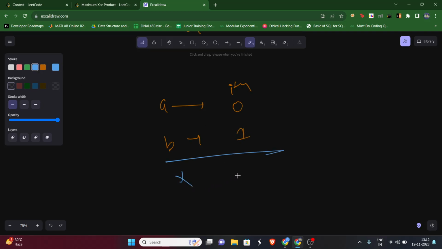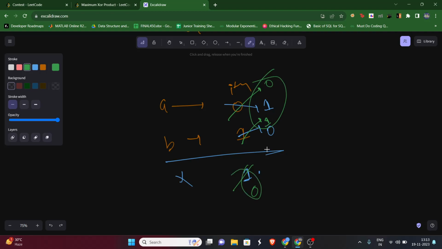If in x we put 1, then this will become 1 and this will become 0. But if instead of 1 we put this as 0, then this will stay 0 and the other will become 1. So the only dilemma is when to choose, or what to put over here.